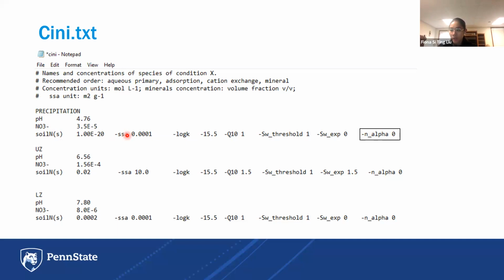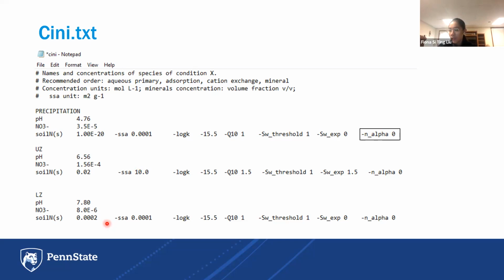Soil N leaching processes are primarily concentrated in the upper zone. Hence, we have an extremely high soil N concentration in the upper zone, as well as a high SSA value. In the lower zone, we speculate that the soil N leaching process is much less prevalent as microbial abundance decreases, but soil N leaching could still occur, say from rock weathering processes.